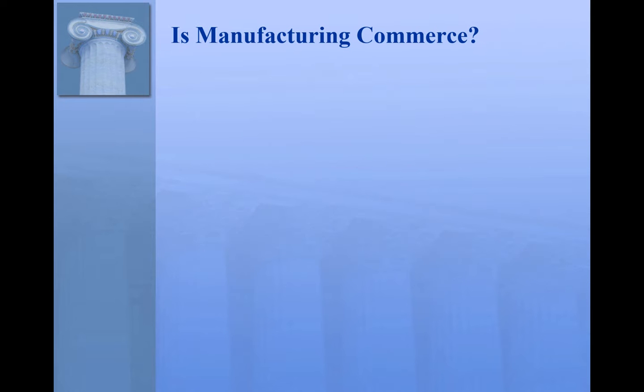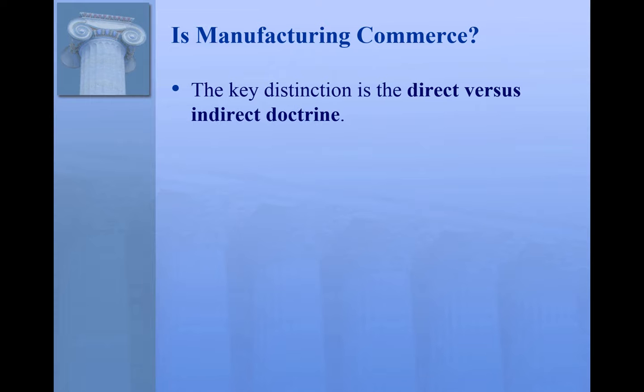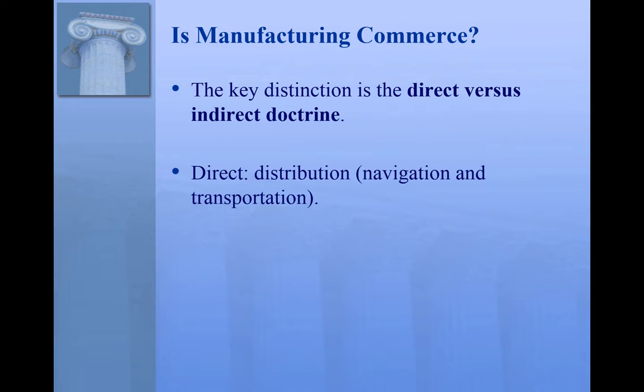So is manufacturing commerce? Very good question. The key distinction here is the direct versus indirect effects doctrine, which is the subject of our lecture. What is this doctrine? A direct effect would be distribution, navigation, and transportation, right? Navigation and transportation aren't commerce.